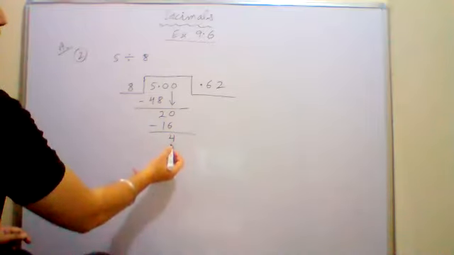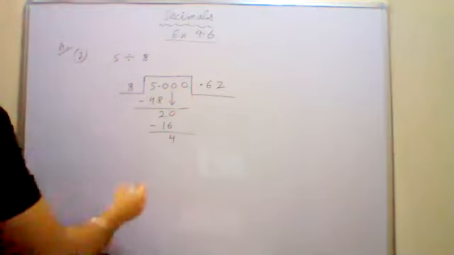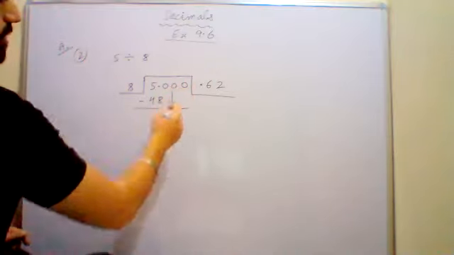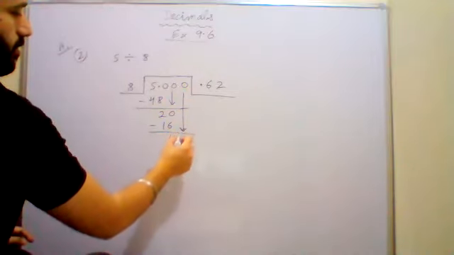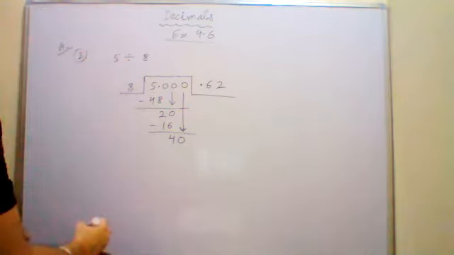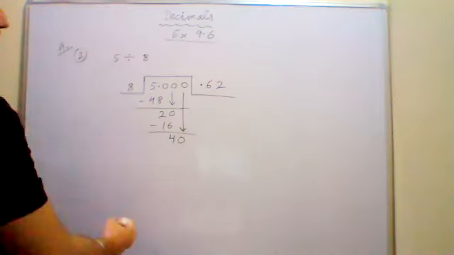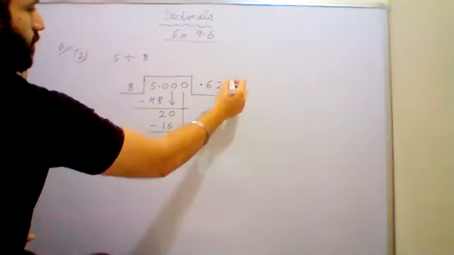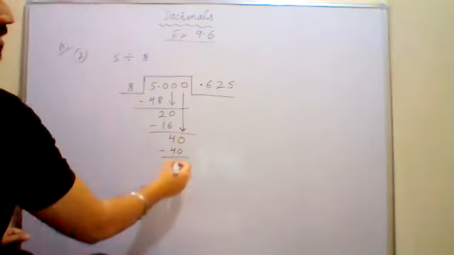And this remainder 4 is smaller than 8. So you add another 0 in the place of the dividend. I have added one more 0 here, and then you copy down this 0. It becomes 40. So 40 divided by 8 is 5. 8 fives are 40.